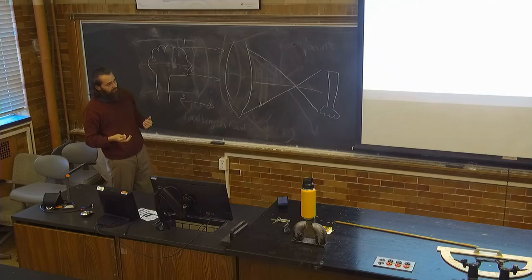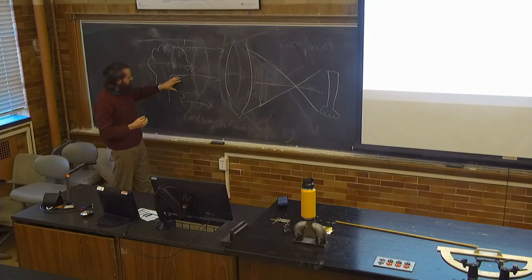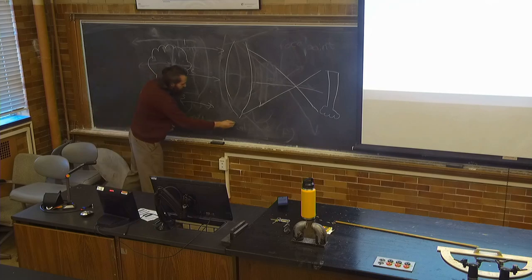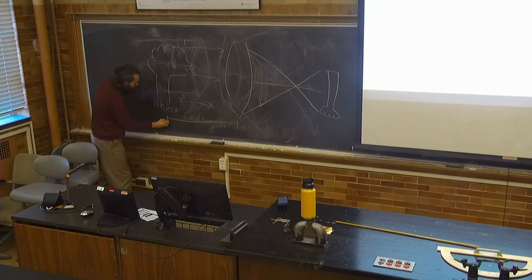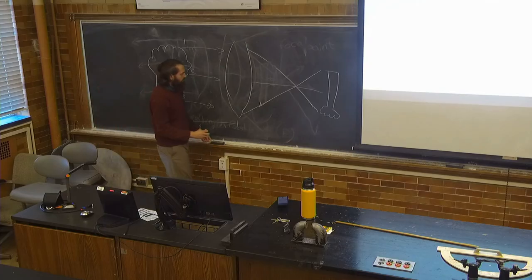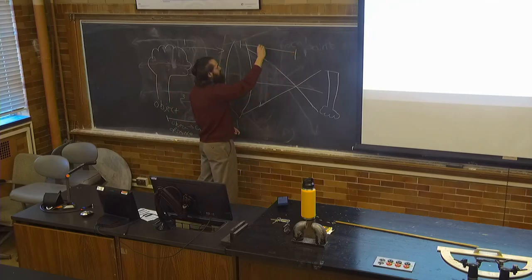And there's an equation that will let us calculate where your image will form based on the object and the lens. So this is our object. And so the distance between the lens and the object is the object distance, or d sub O. Then the distance from the lens to the focal point is f.